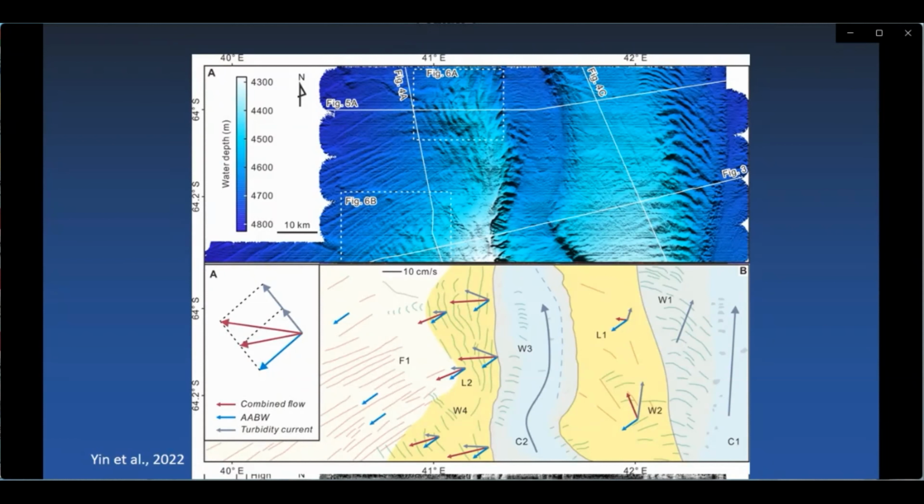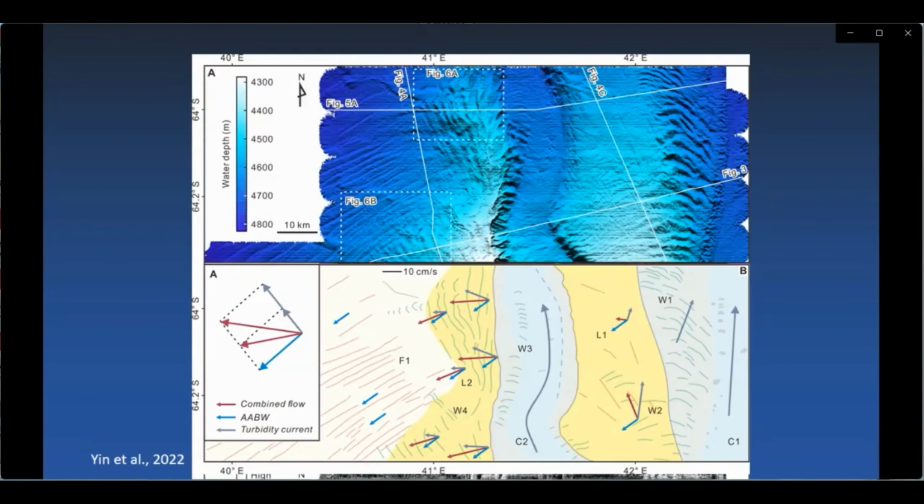For example, within the channel, these bed forms are dominated by the turbulent current, but out of the channel on the overbank, the sediment waves are developed by the composed flow.